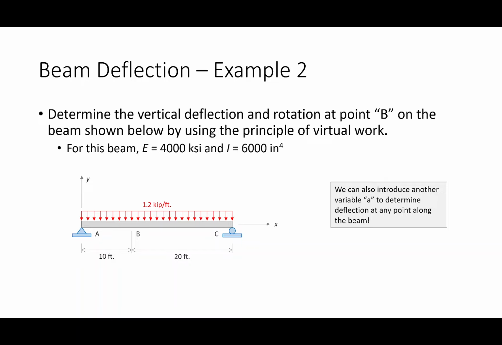So what did we say? The beam is 30 foot long, so we said that this point was 10 foot and this point was 20 foot, right? We did the math, and this is point B.